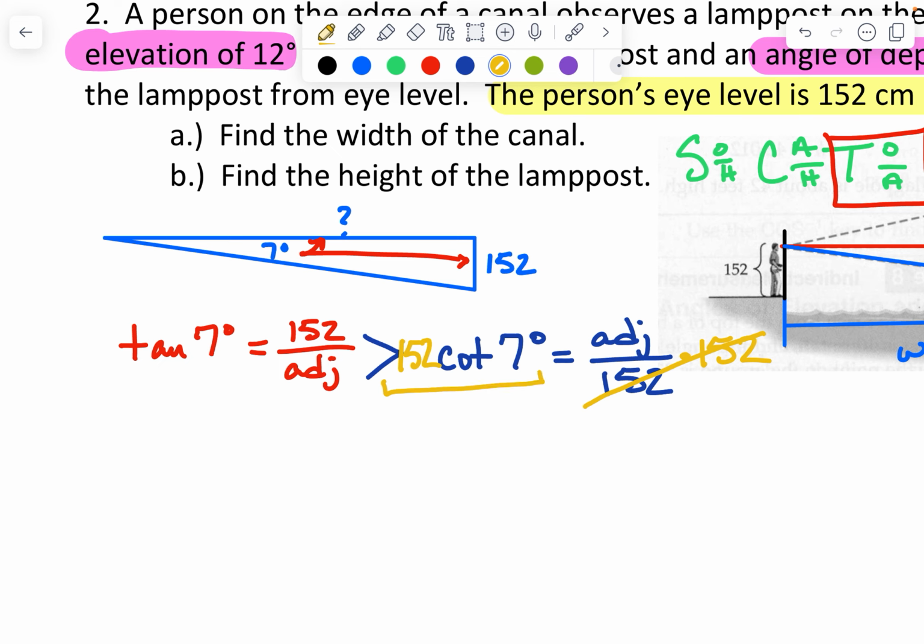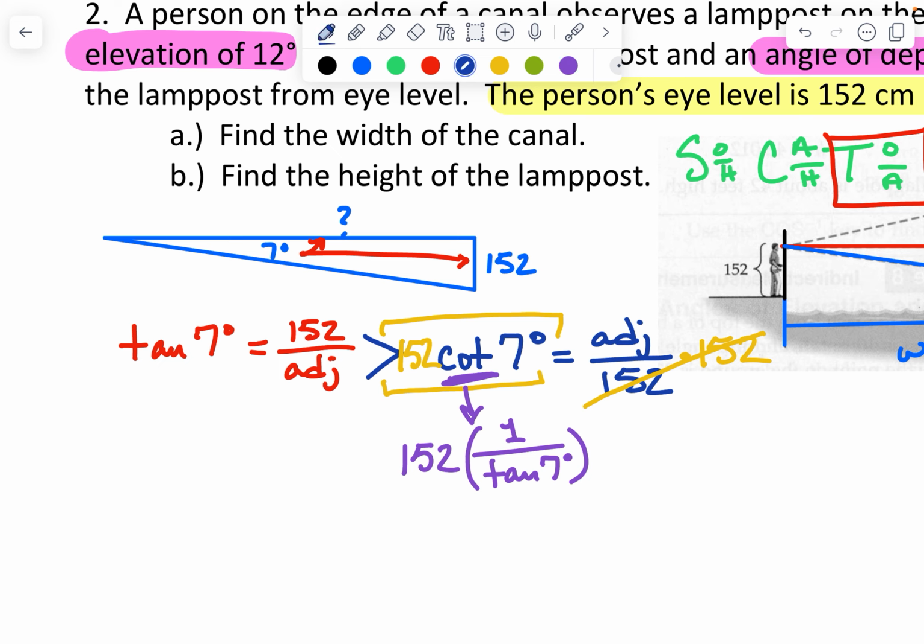And if you're using Desmos or a calculator with all the functions, you can type that directly in. However, if you don't, there's still a way to make it work. When we learned our reciprocals, we learned that if you don't have the button for it, you can just write the reciprocal in its place.